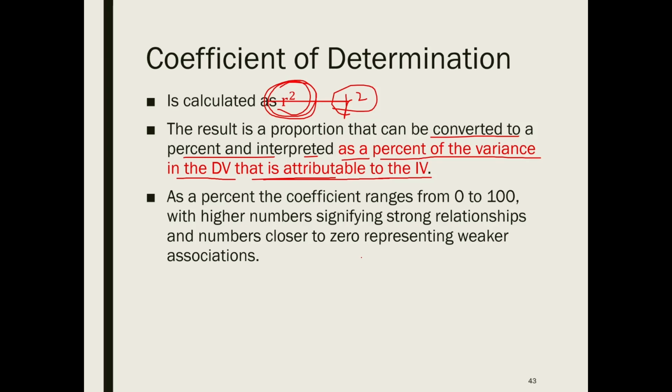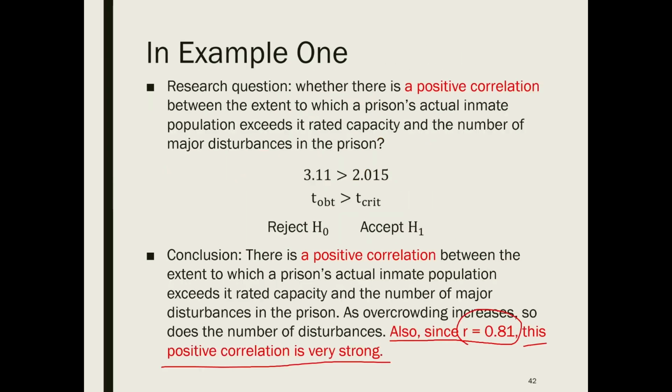In example 1, we only look at overcrowding and the number of disturbances, but the number of disturbances may be impacted by other factors, such as how old the prison is, the facilities in the prison, or who the prisoners are: violent offenders, or just thieves. These are all factors that impact the number of disturbances, but we don't look at that. We only look at the one-on-one situation.